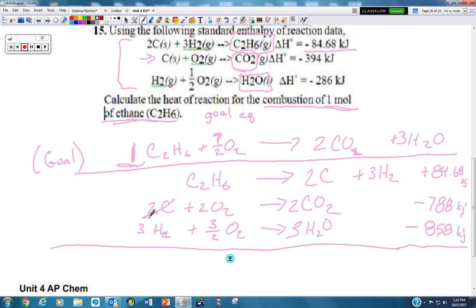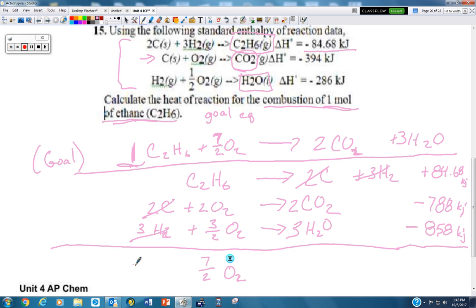I have 2 carbons here and 2 carbons there, so it cancels out. I don't think anything else cancels. Yes, we have 3H2 here and 3H2 there. Now, what's going to happen with the 2O2 and the 3O2? It becomes 7 halves O2.